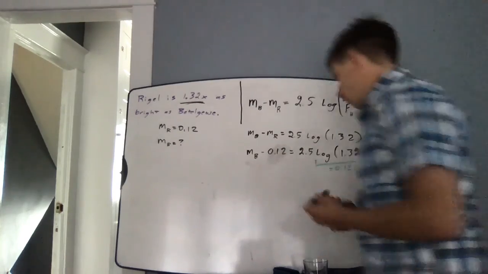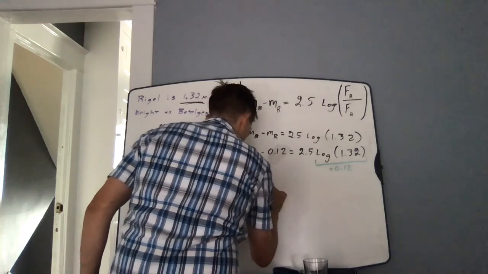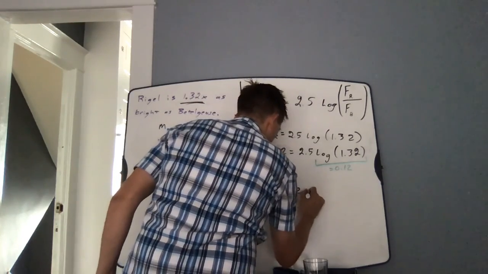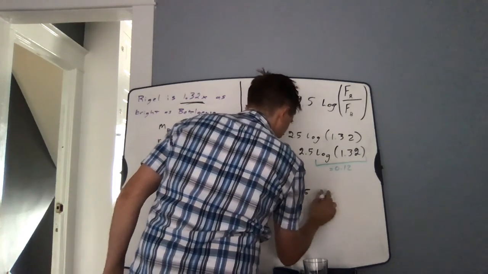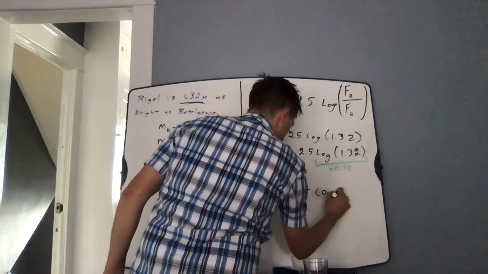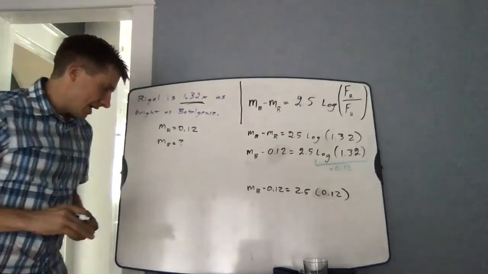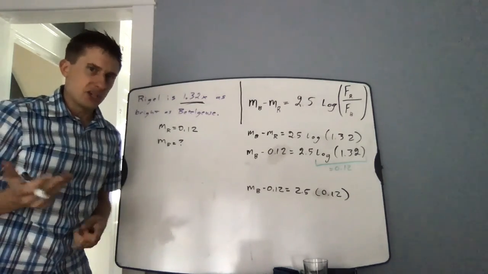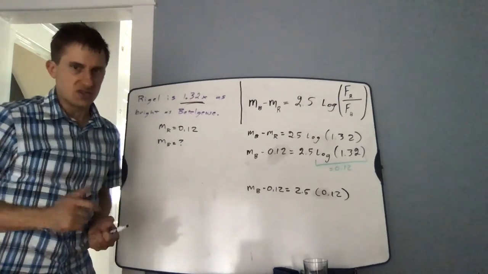So I could then write MB minus 0.12 is equal to 2.5 times 0.12. I would have a line that looks like that. Next, you have your order of operations to remember. You multiply and divide before add and subtract.